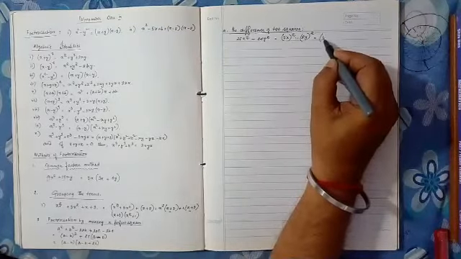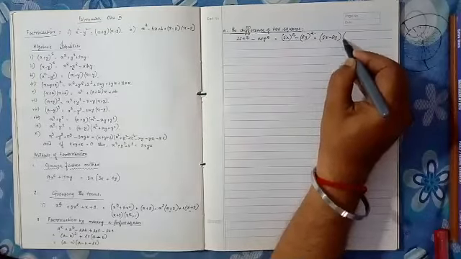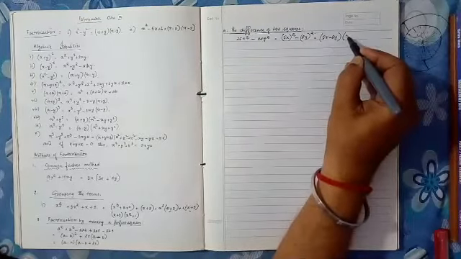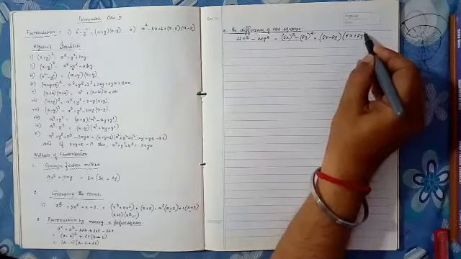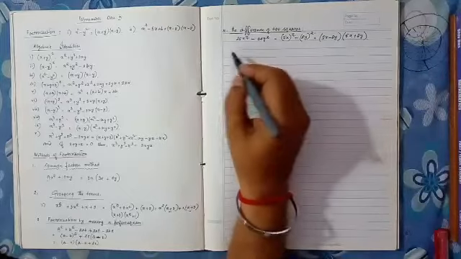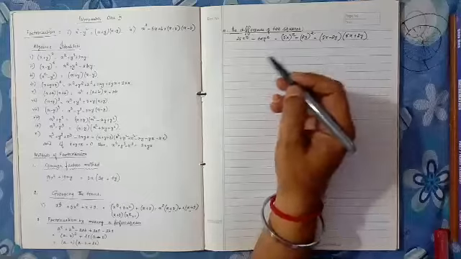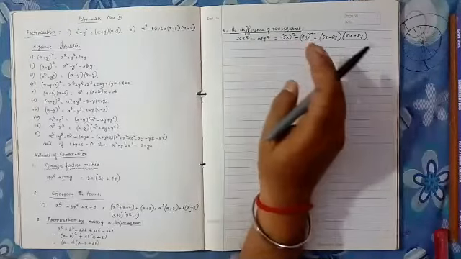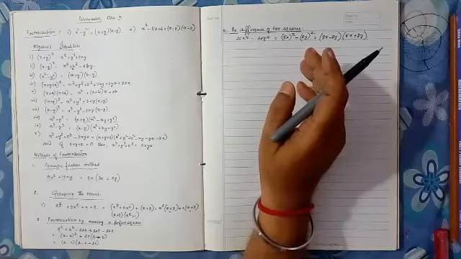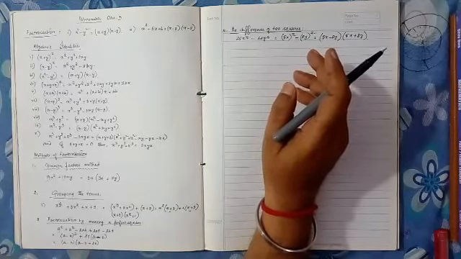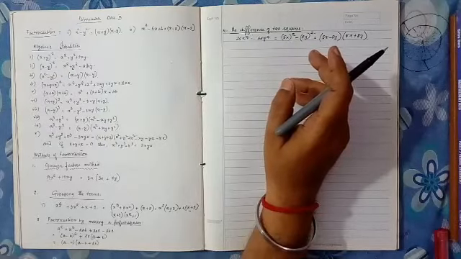So x minus y, that is 5x minus 8y. x plus y, 5x plus 8y. So factorization is done. So by using the identity x square minus y square is equal to x minus y into x plus y, we have to factorize this one.